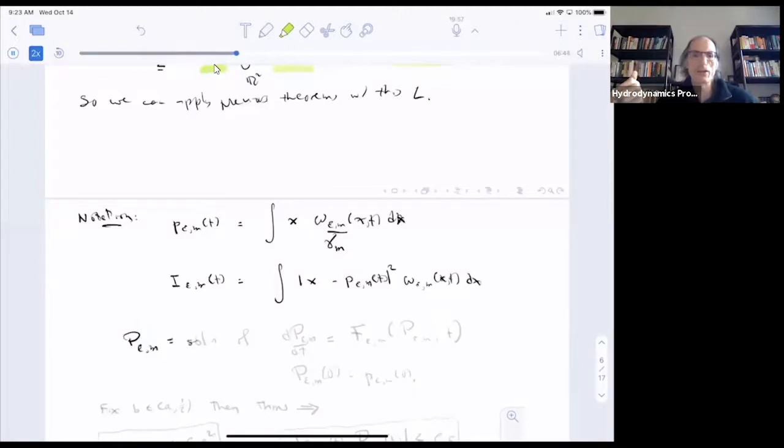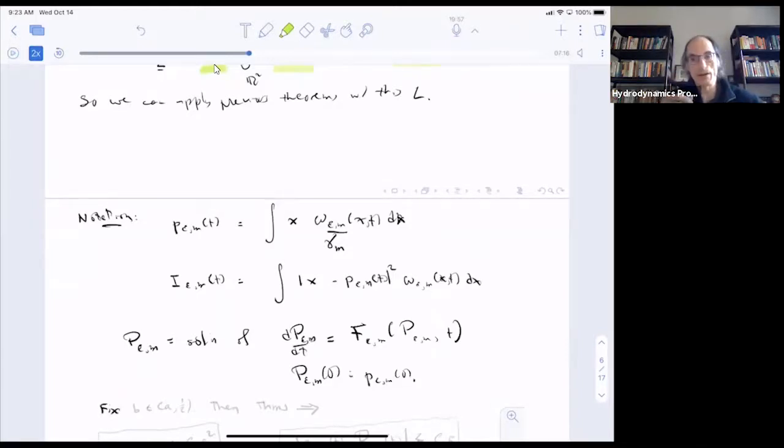And then what I call capital P, I have three things I have to keep track of. Capital P is going to be the solution of the ODE that approximately describes the motion of the mth vortex blob.